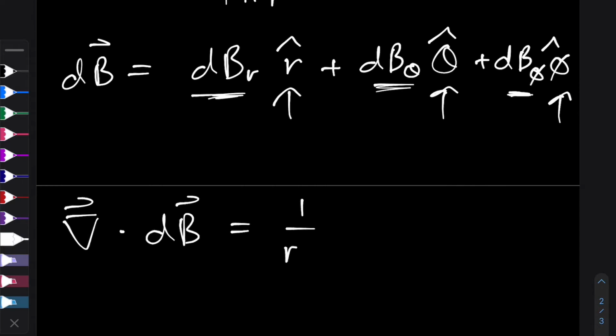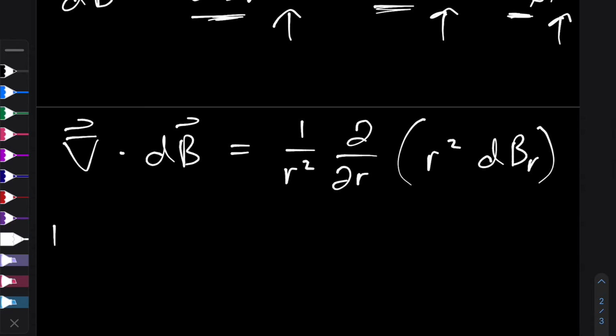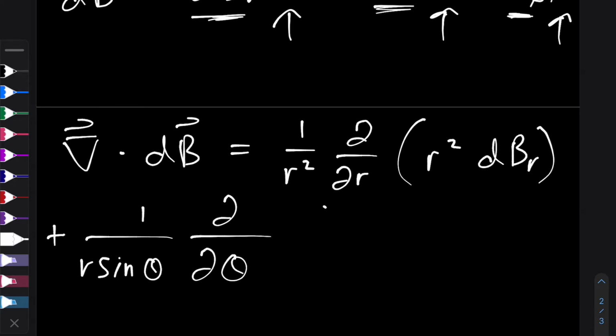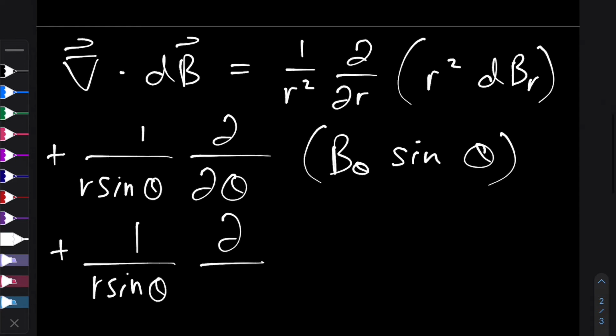We can see that it's equal to 1 over r squared times the r derivative of r squared dB_r, the r component of dB, plus 1 over r sine theta times the partial derivative with respect to theta of dB_theta sine theta, plus 1 over r sine theta times the partial derivative with respect to, no surprise here, phi, of dB_phi.